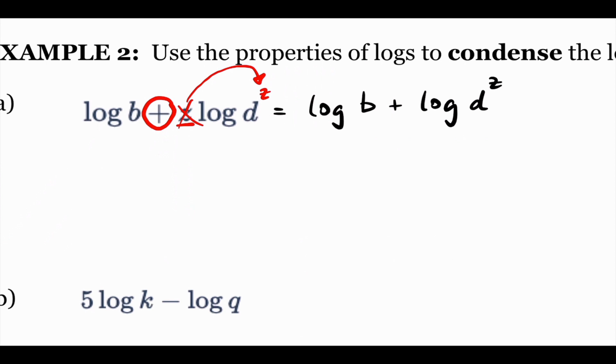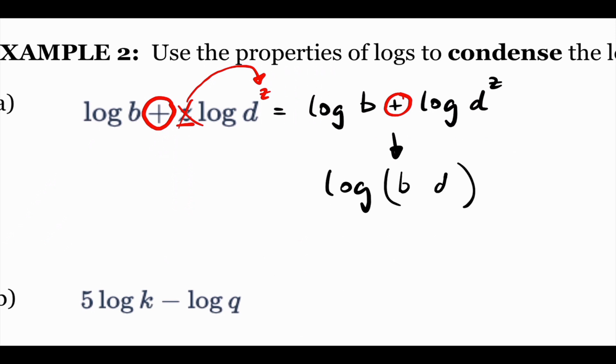We still have addition though. Well, the product property says get rid of addition by putting these two together. So I'm going to put B and D to the Z together with only one log.